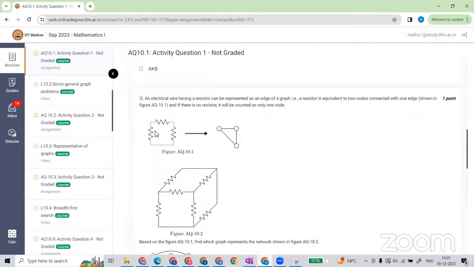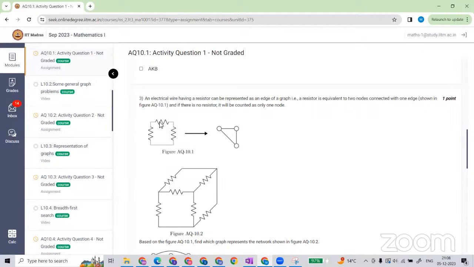Yes, so this is one real life example of converting an electric circuit problem into a graph theory problem. Here is an electric circuit, and we want to convert it into a graph theory problem. See how this is done. This is a resistance and this is a wire.